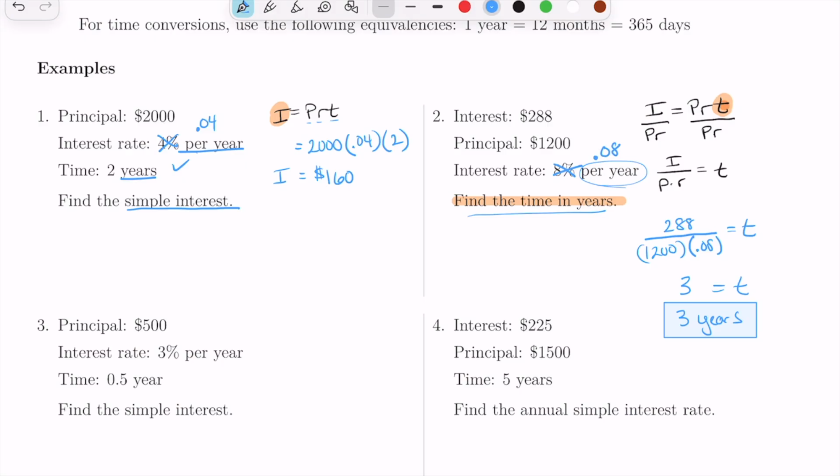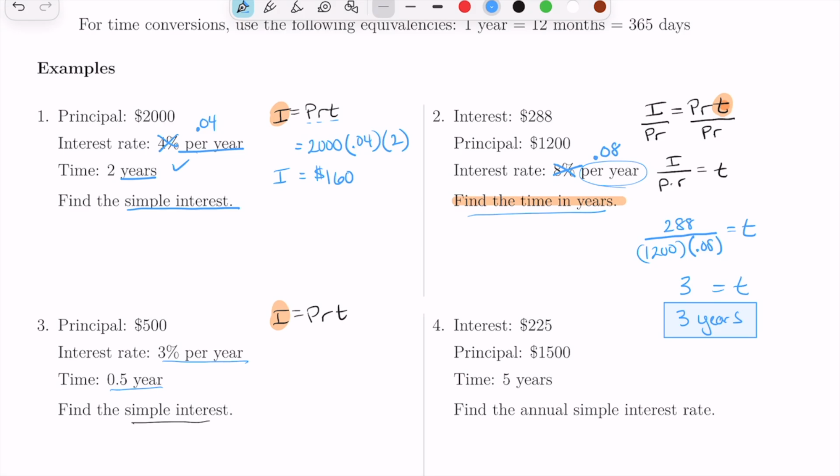And let's go down to number 3. We have I equals PRT. This says find the simple interest. So this time, our I is already all alone. So all we're going to do is substitute all of the numbers in for the variables. The next thing I notice is that this is 3% per year, and we are using this for half a year.